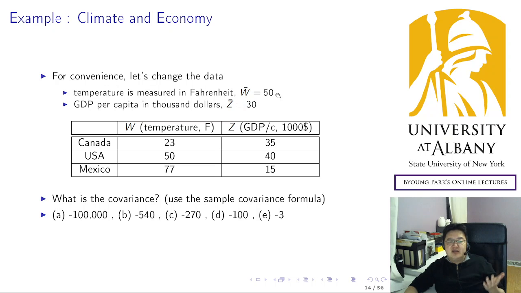In Fahrenheit, the average temperature is 50, and in $1,000, the average GDP per capita is 30. So now the new data look like this, and using this data, try to calculate the covariance. Of course, use the sample covariance formula and work through the algebra.